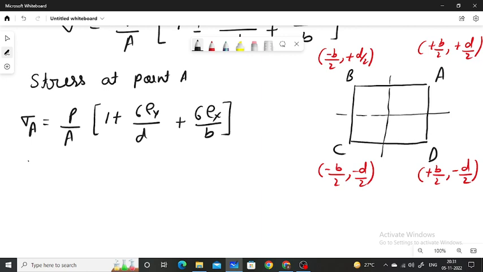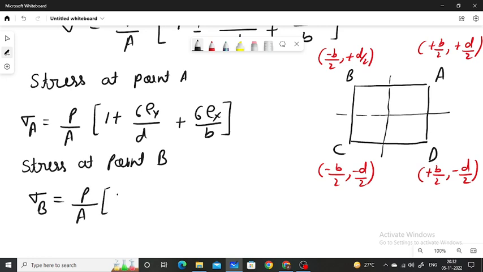Stress at the point B, sigma B will be P by A 1 plus 6 EY upon D minus 6 EX upon B.